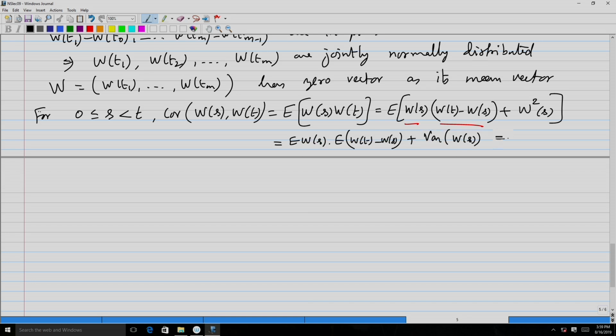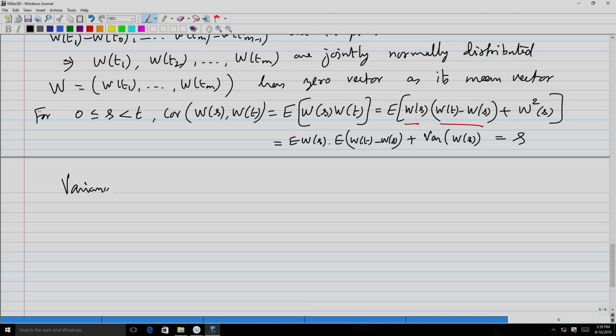So this is S. If I pick S and T such that S is less than T, then the covariance between Ws and Wt is S, which means the minimum. For arbitrary S and T, the covariance of Ws and Wt is the minimum of S and T.